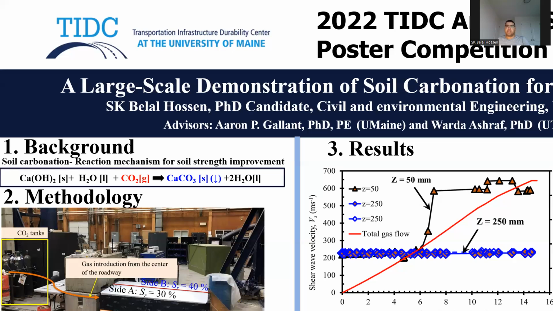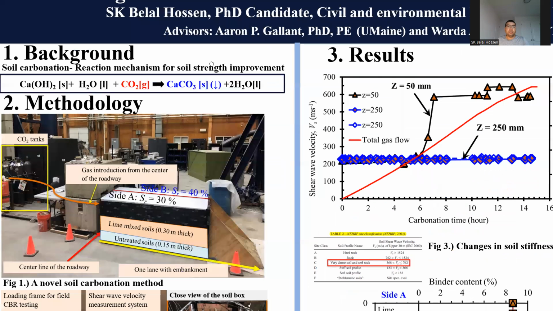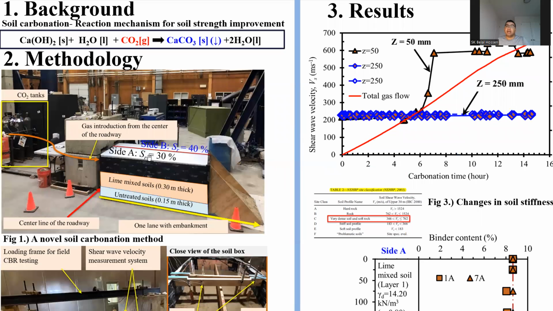Phase 1 of this study has extensively investigated what are the factors contributing for optimum performance of this chemical reaction and how to gain maximum strength improvement. Based on that knowledge, we have designed a larger scale experiment to develop a method to carbonate soils for shallow subgrade stabilization.